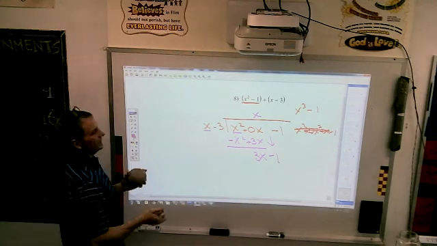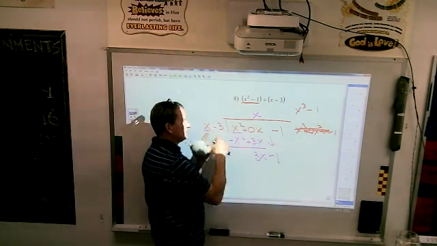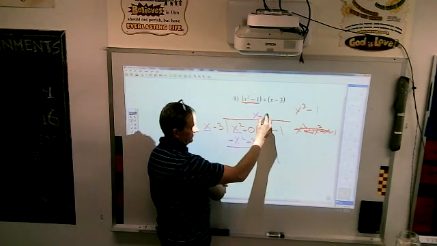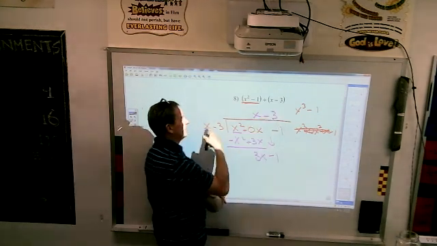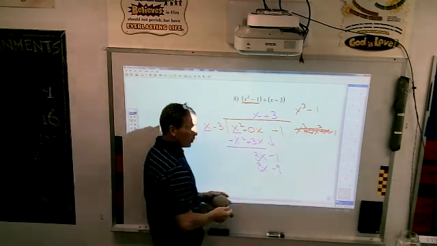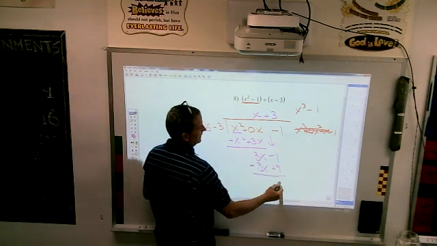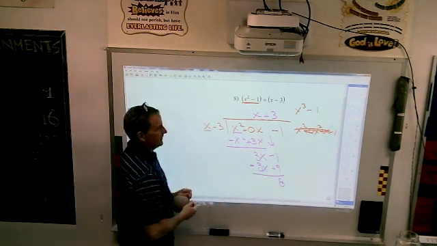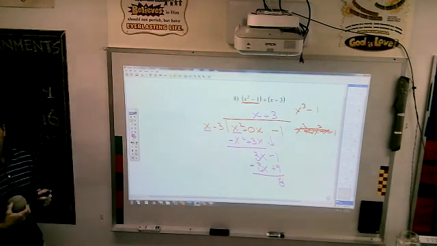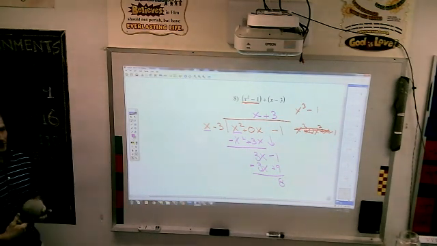To get this next number, you look at this and this. What times x gives me 3x? A 3. I do the multiplying, I get 3x minus 9. Change to their opposites, and you end up with an 8 that doesn't have anything left to bring down. Now, does anybody know what's going to happen with that? Does it get a remainder? No decimals, no remainders.